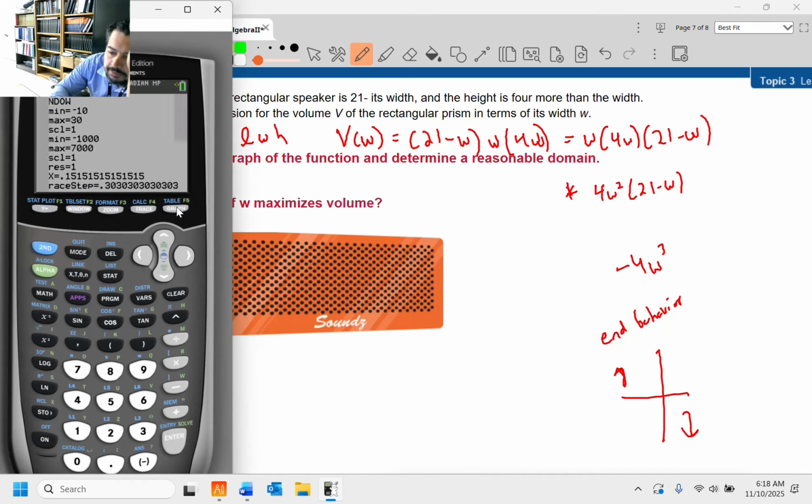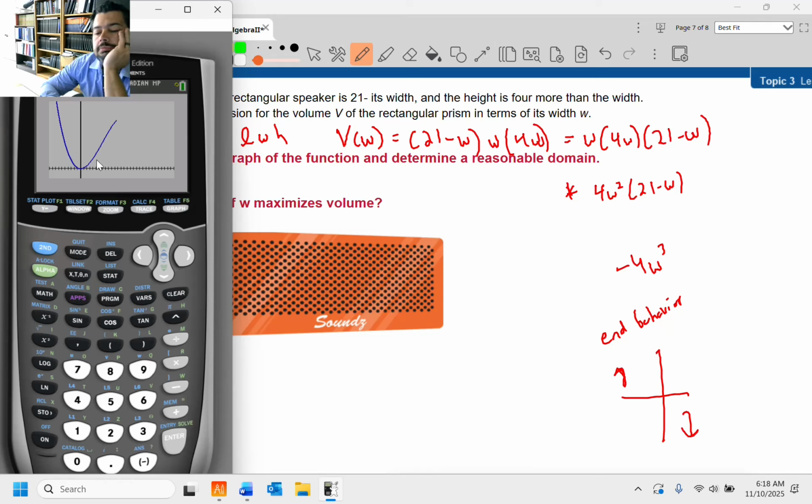Remember, this is volume. The graph represents volume. Down here, what would the volume be? Would it be positive or negative? It's below the x-axis. If you're thinking negative, winner, winner, chicken dinner, thank you for paying attention. So the only thing that makes sense on this graph is this stuff right here.